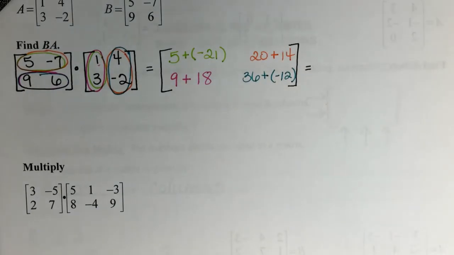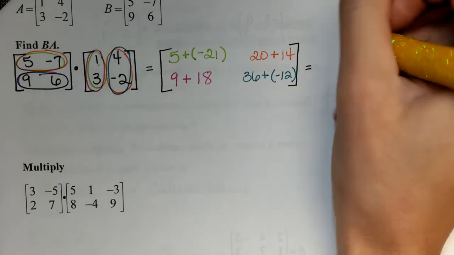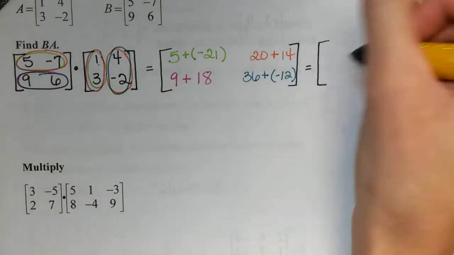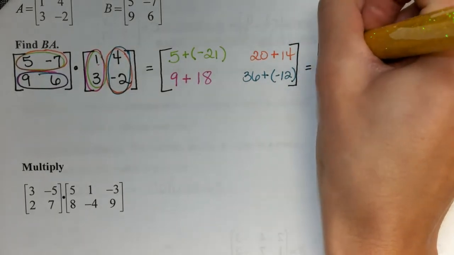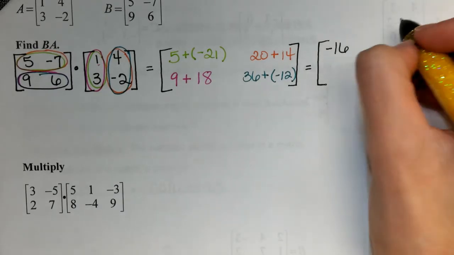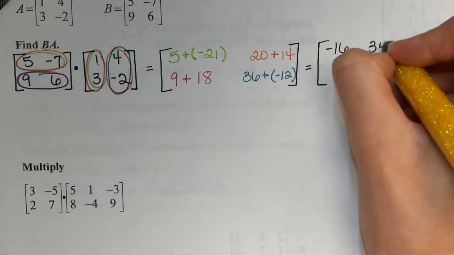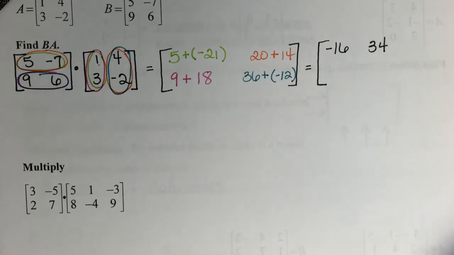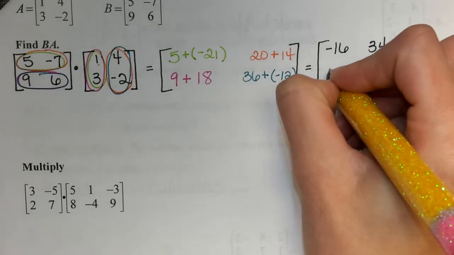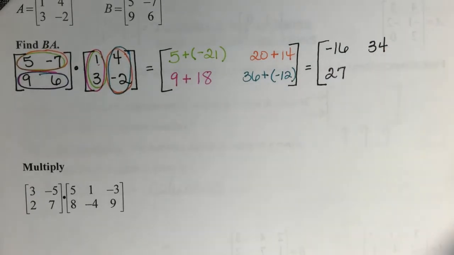Obviously, if you know that that's 36 minus 12, write it like that. I'm just writing the plus so you understand you're adding, okay? Alright, so 5 minus 21 is going to give me -16. 20 plus 14, 9 plus 18, 36 minus 12.